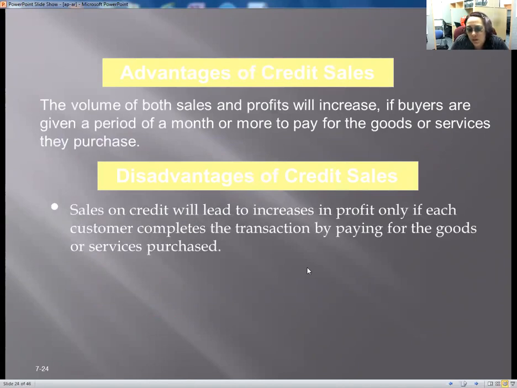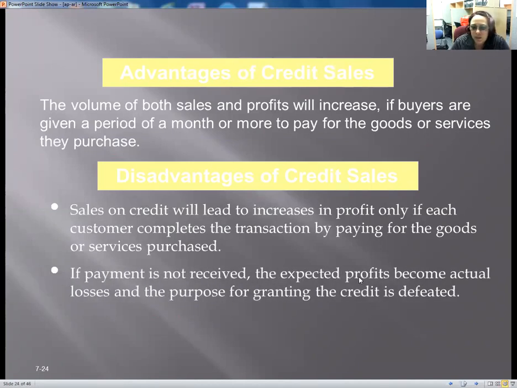Unfortunately, you got people that are going to buy stuff and not pay for it. So that's going to hurt you. It does increase your profit. I don't see how it's a disadvantage. Oh, but only if they pay for it. If they don't pay for it, then it doesn't increase your profit. It's a loss actually.